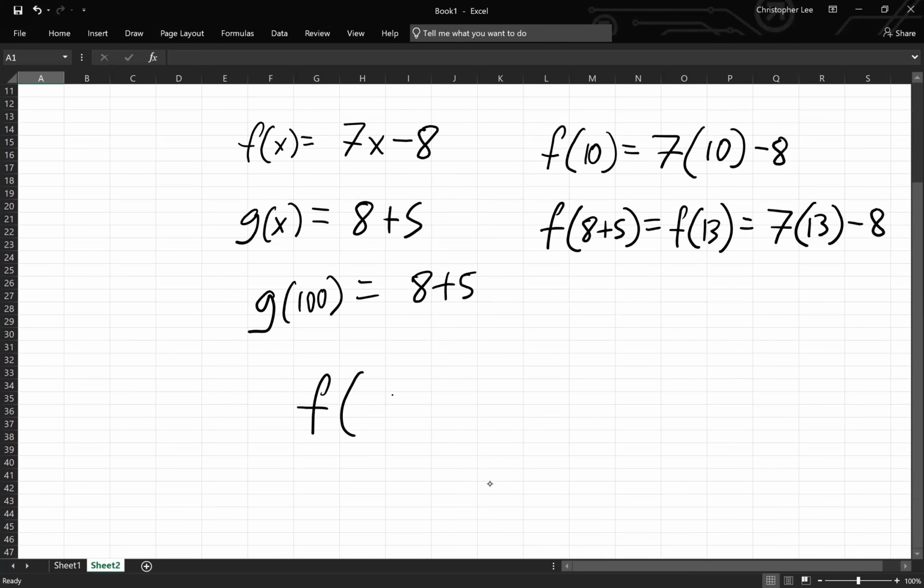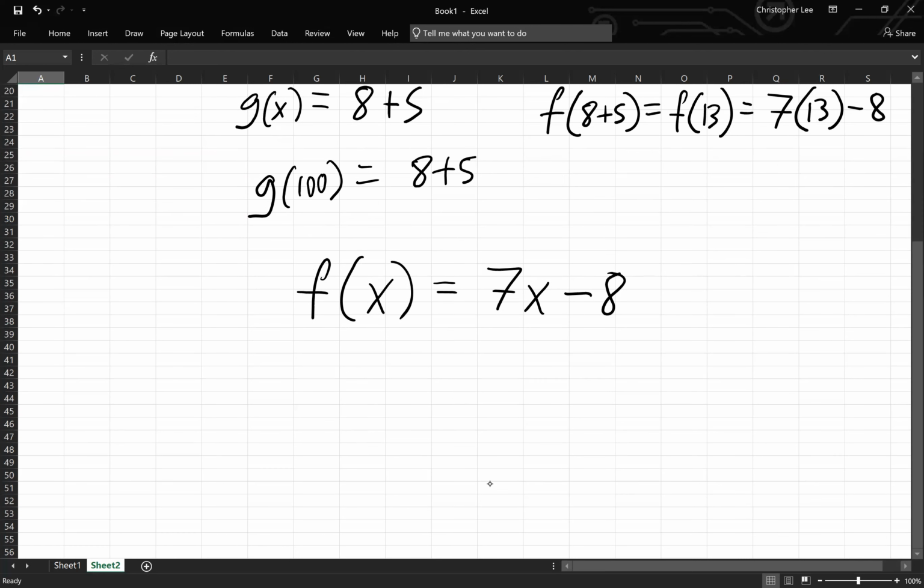Let's say I have f of x. This is what they're asking about is equal to 7x minus 8. Something like that. They want to know what is like f of, let's say, a plus 5. That's what they're asking about. Like some letter. So it's the same thing. You can have the 7 open parentheses.